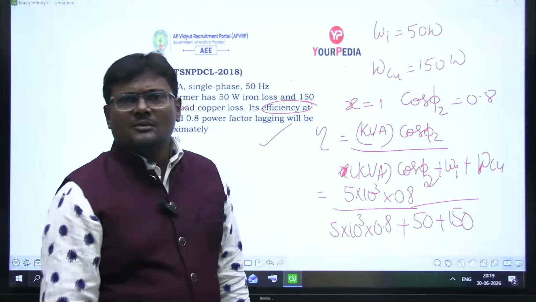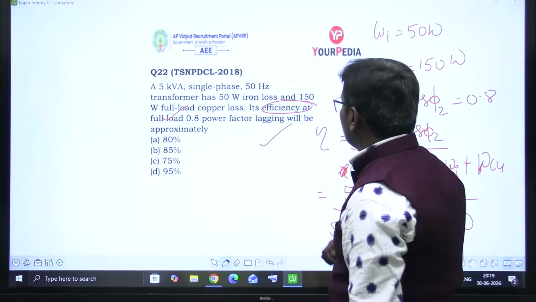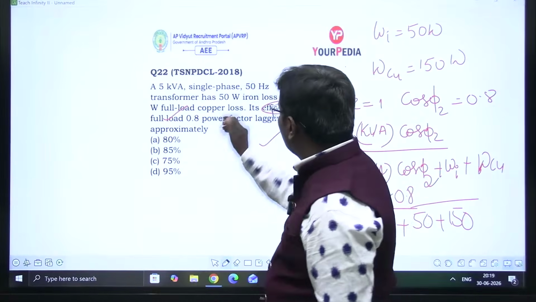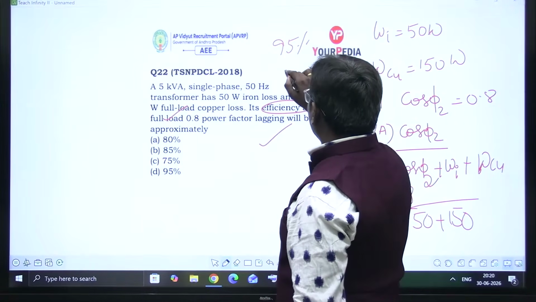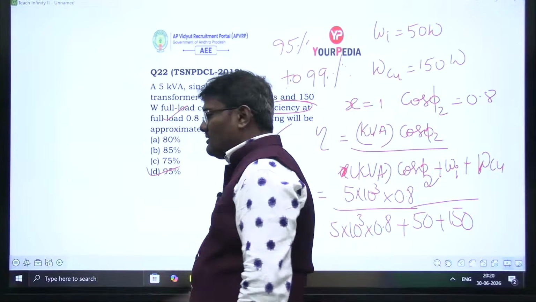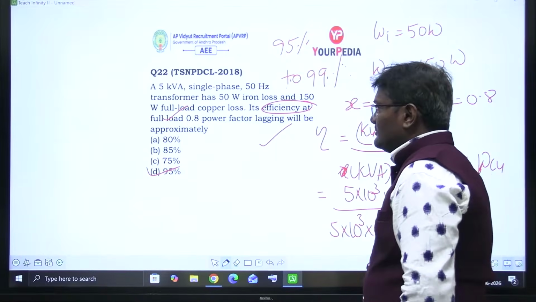One thing you have to remember, losses are very less. Out of 5000 kVA, the losses are 50 and 150, and transformer efficiency is always between 95 to 99. So directly you can select 95%.